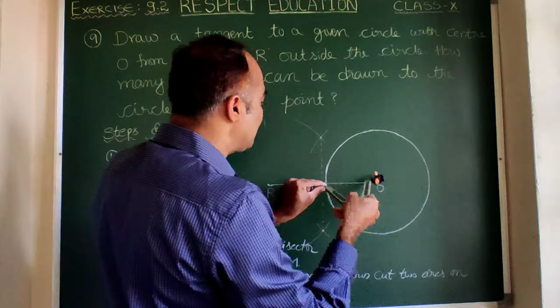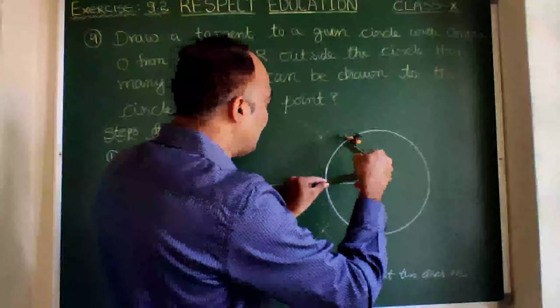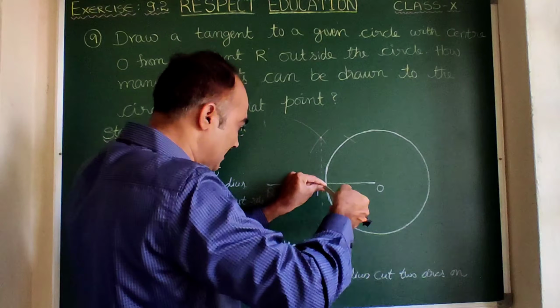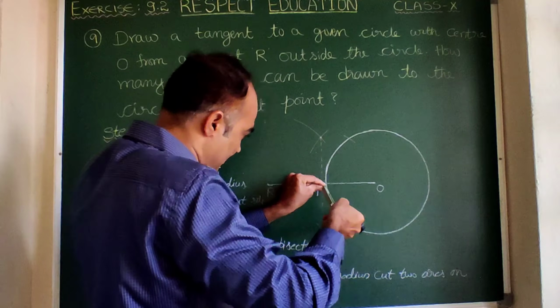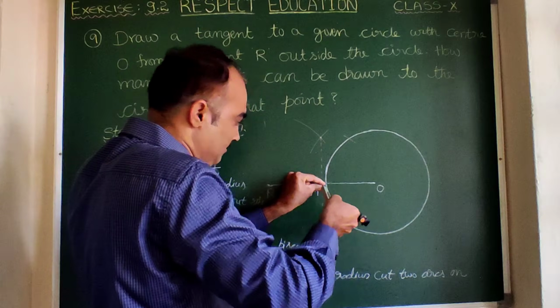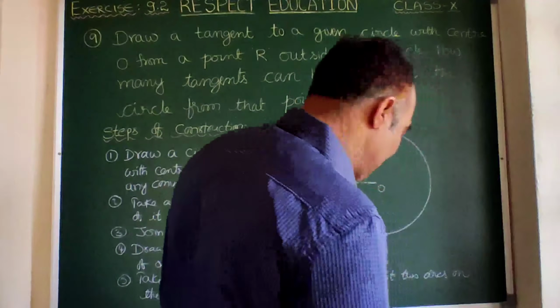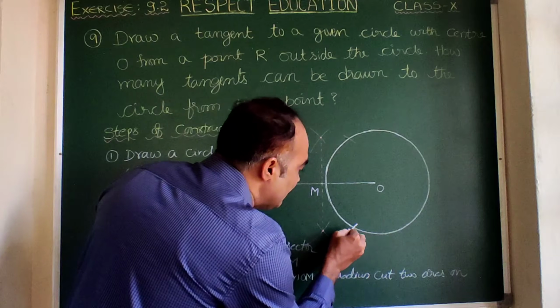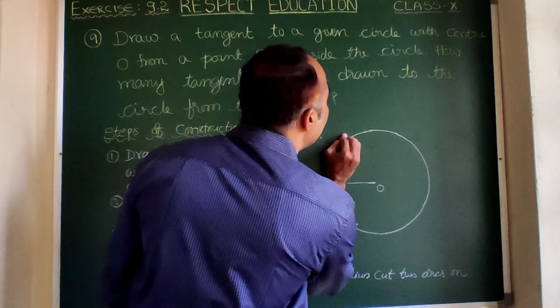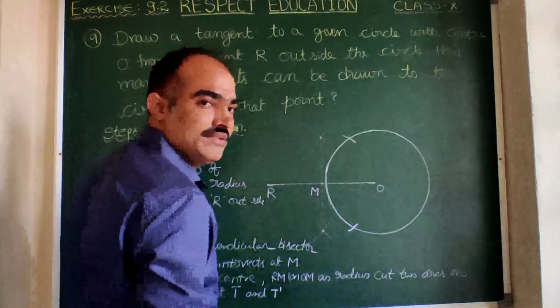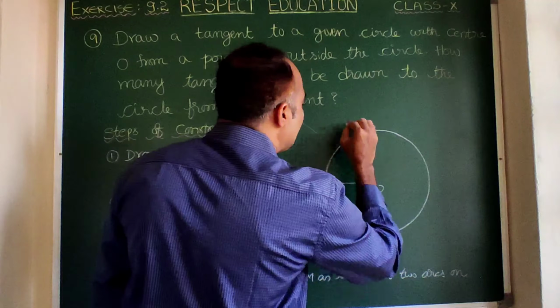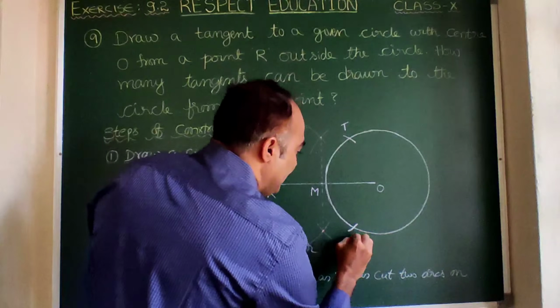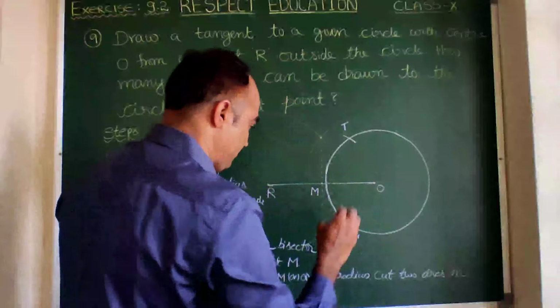So taking M as center, cut two arcs on the circle; here is T, and here this one is T dash. For our convenience, I am showing the arcs again clearly. This is one of the arcs and this is the other arc. Take this point as T and the other as T dash.